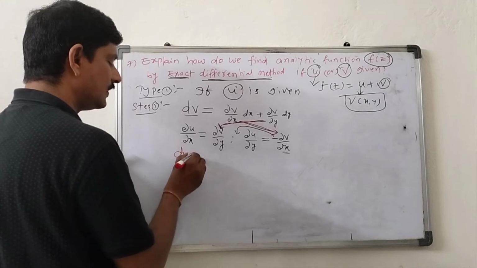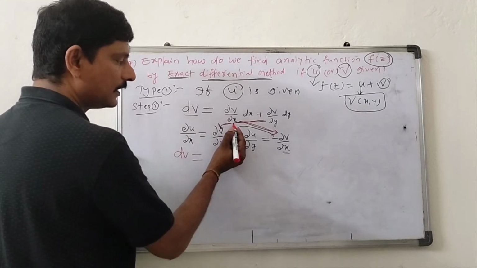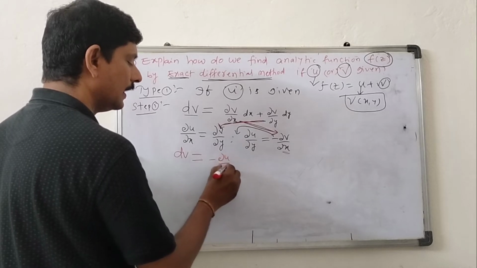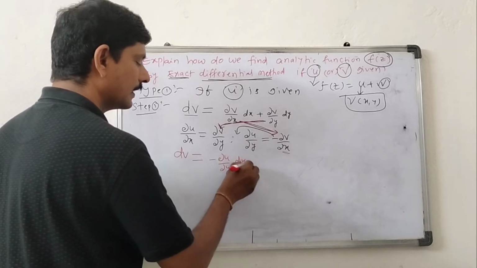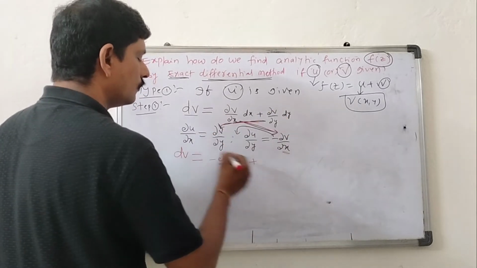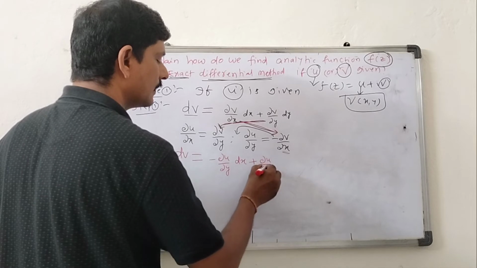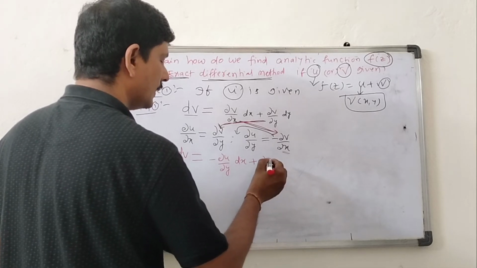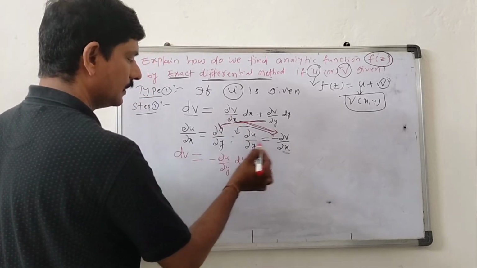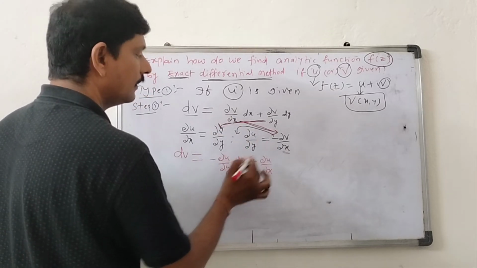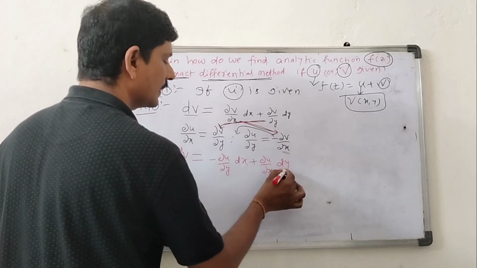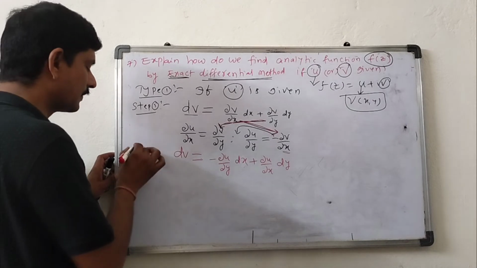So dv changes to minus dou u by dou y into dx plus dou u by dou x into dy. This is step number 2.